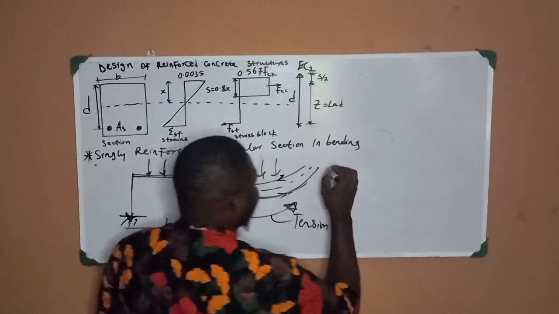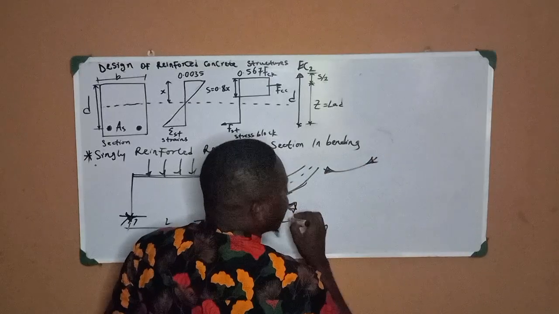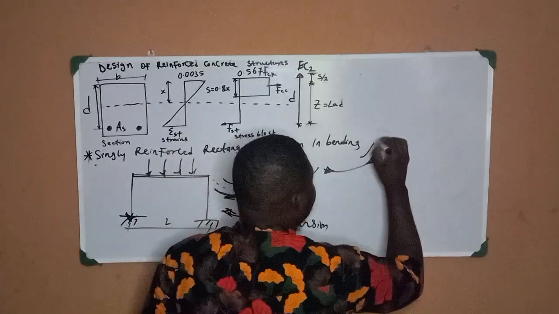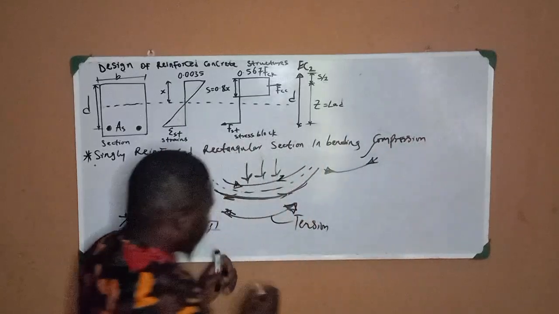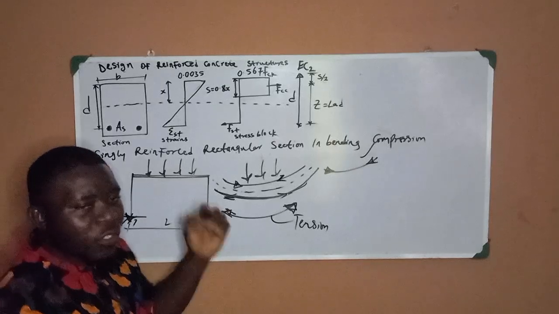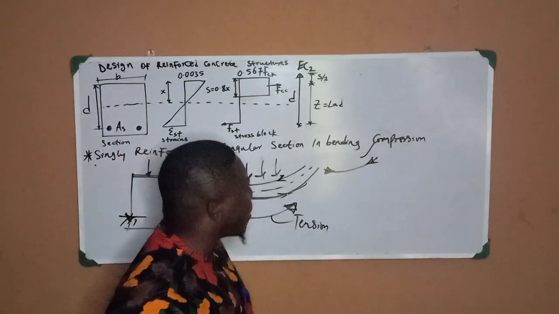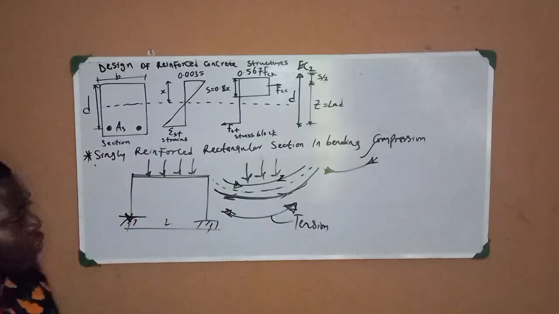and up here you have something like this. You're just trying to squeeze this particular side. Here we have what we call compression. Now, when this is happening, concrete goes into work and starts resisting the compressive stresses and forces in the compression zone.